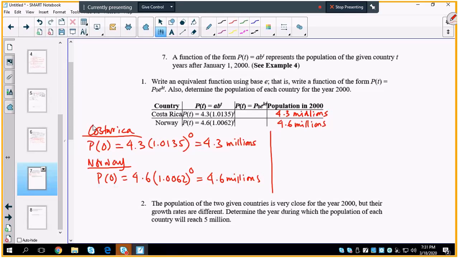So for Costa Rica, p of 10 using the old formula is going to give you 4.3 times 1.0135 whole to the power 10. Let's find this number in our calculator, and we will round the answer to the nearest one decimal place.